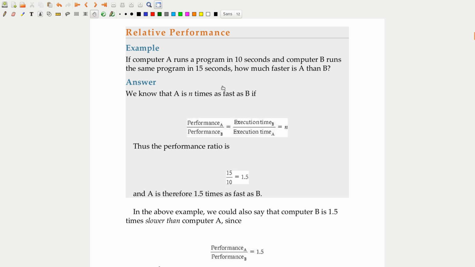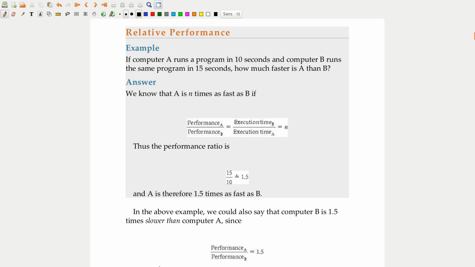So, a little thought on relative performance, a little example. It has the answer right here, but we can still work through it. If computer A runs a program in 10 seconds, and computer B runs the same program in 15 seconds, how much faster is A than B? We use the same metric, performance of A over performance of B, when we want to measure how many times faster A is, so A is n times faster, so we use this equation, execution time over execution time.